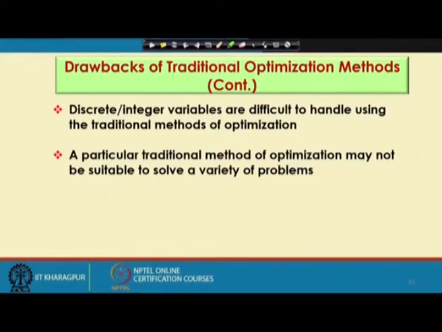To solve that special type of problem, we use a special type of algorithm called the integer programming technique. Also, a particular traditional optimization tool may not be suitable to solve a variety of problems. So, it is not robust.